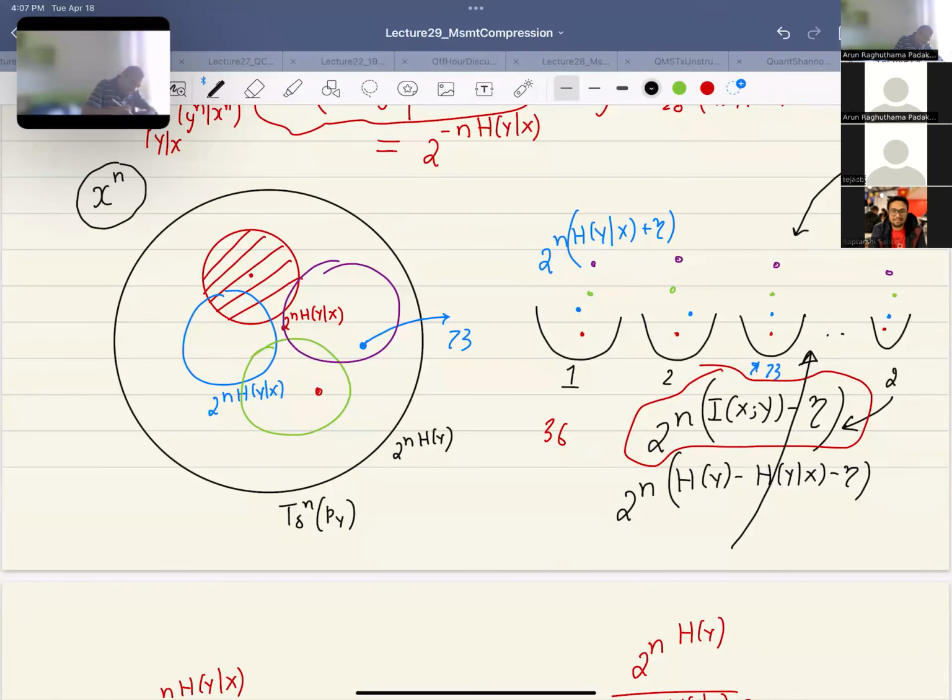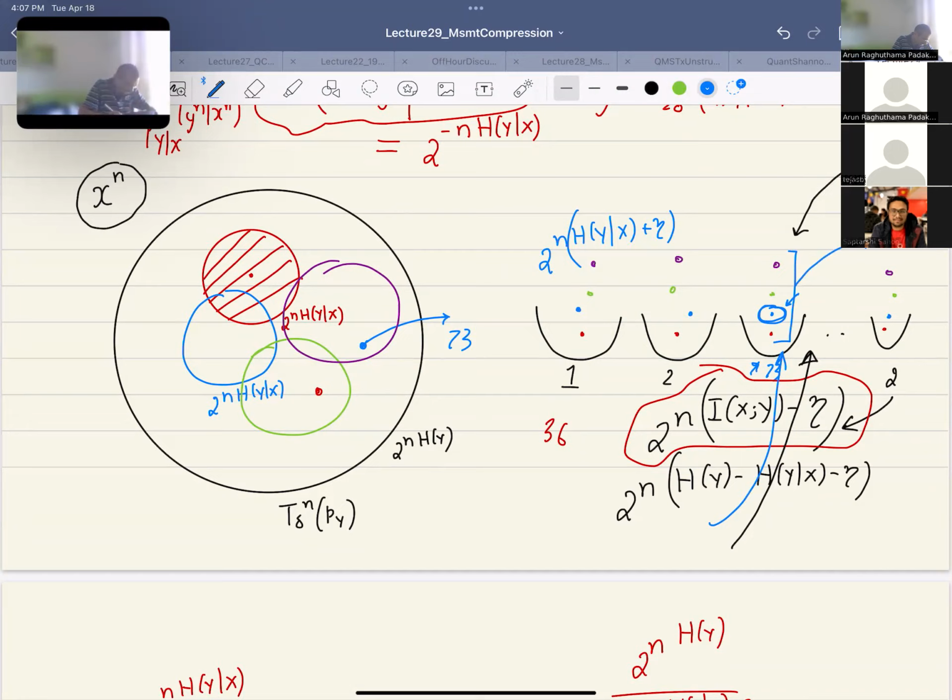And in that ball, she will find one yn that is typical with that xn. Suppose her sequence happened to be the blue sequence, and suppose nature picked this bin. She recognizes there is a sequence that is jointly typical with her xn. She will give the index of that sequence within that bin to Bob.